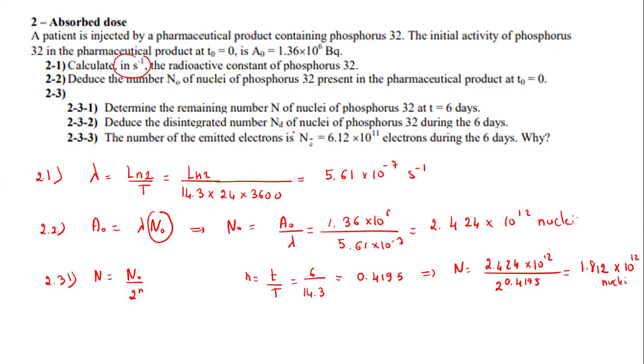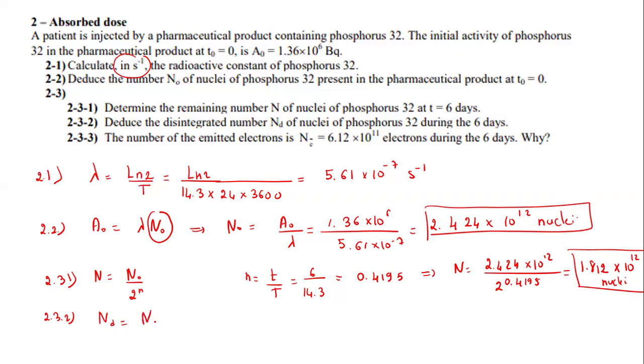So deduce the disintegrated number. In order to find the disintegrated number, N disintegrated, I have the initial number was this much, and the remaining number was this much. So N disintegrated is equal to N0 minus N, which means that we have N0 and we have N. So the answer is 6.12 times 10 power 11 nuclei.